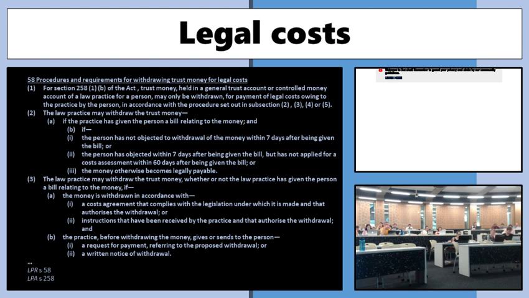I was going to bring one along. Diane did me one a while ago, where it details all of the work you've done, broken up into 6-minute increments, and you are allowed to see it and see the sum at the bottom of the total hours, the amount allocated for those hours, as well as all the disbursements. That has to be presented to you, and you have 7 days in which to object to that. All right, that's the default rule for doing costs.